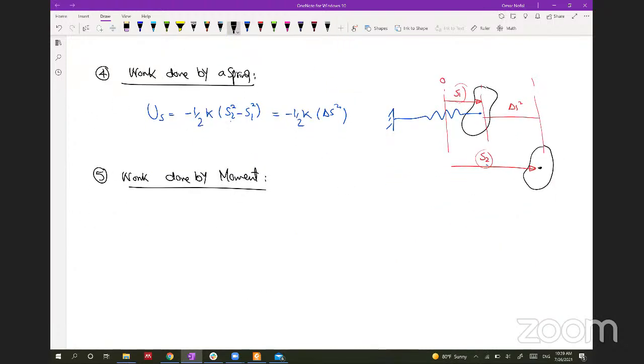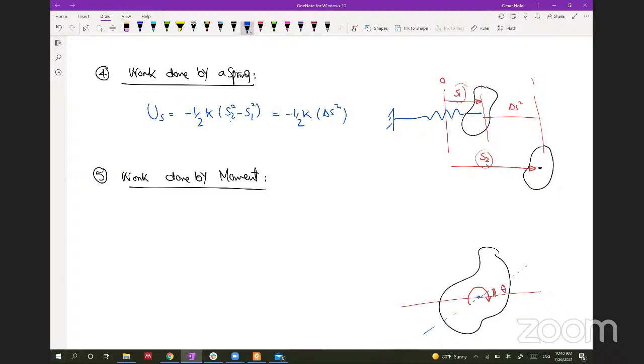If we have a body like this, and let's assume that this body has a moment like that, and this moment makes this body rotate and make an angle theta like this.